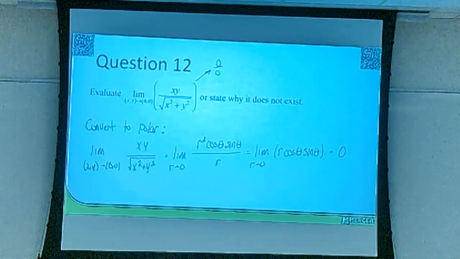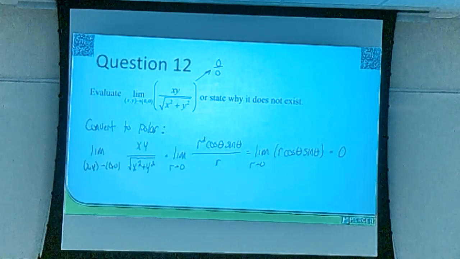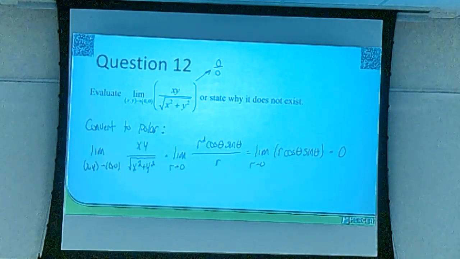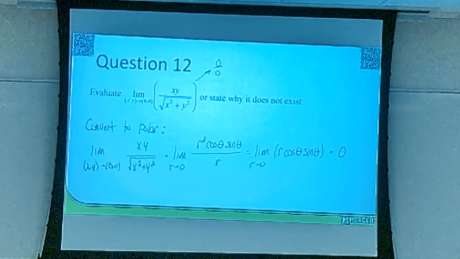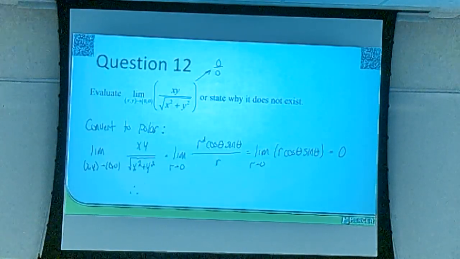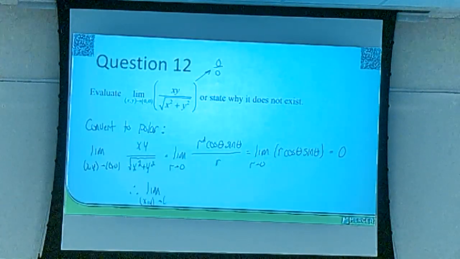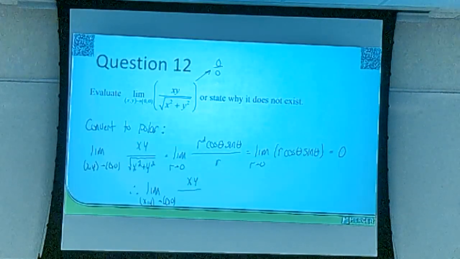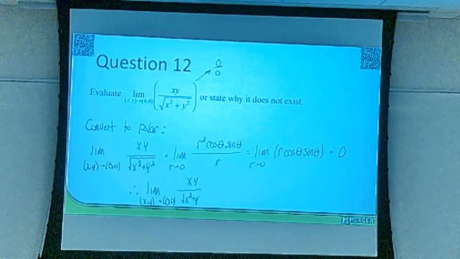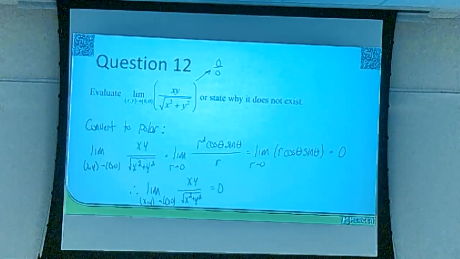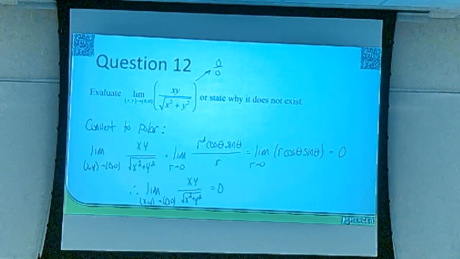R is going to zero, so it doesn't matter what cosine and sine are doing. So the limit is zero.